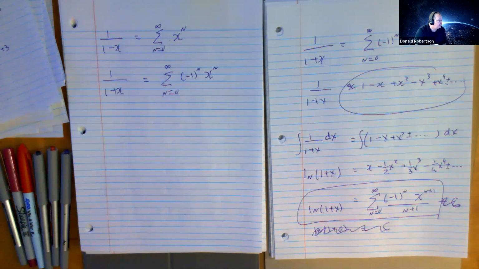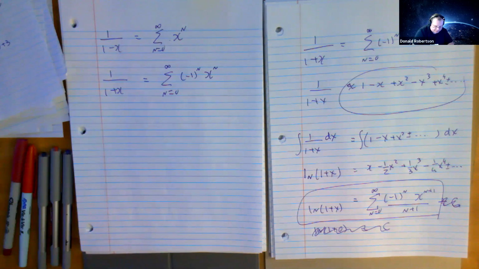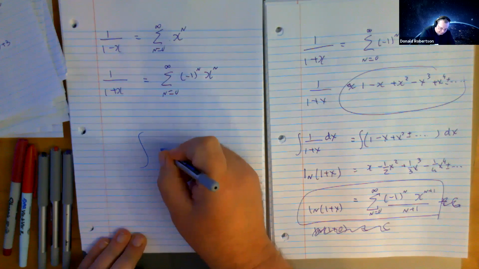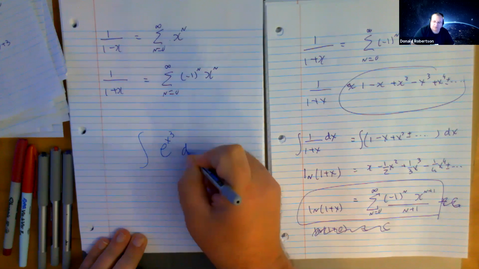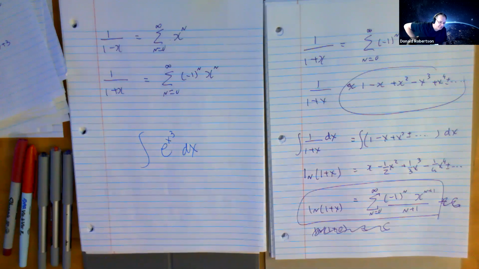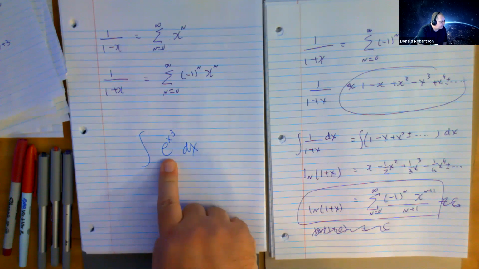Because some differential equations, for instance, are impossible to do analytically. They're impossible to solve exactly, but you can solve them using a power series. In fact, off the top of my head, do you know that that integral is impossible to get the exact answer analytically? There isn't a U sub in the world that will save you. We can find the power series of that and then integrate it.